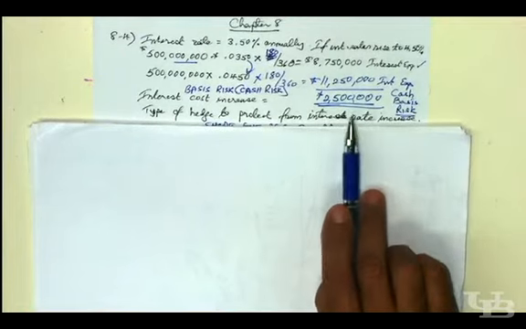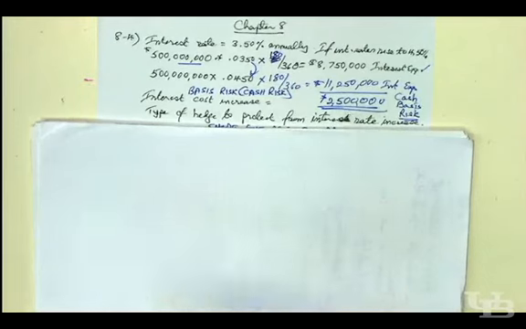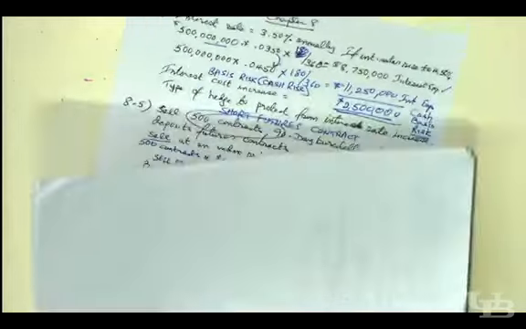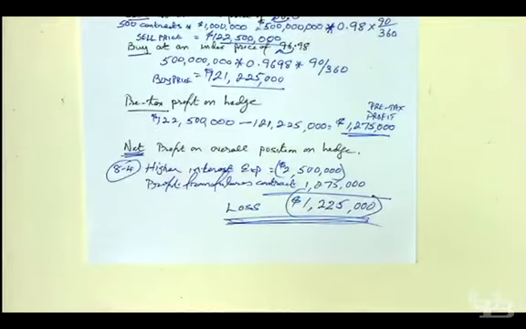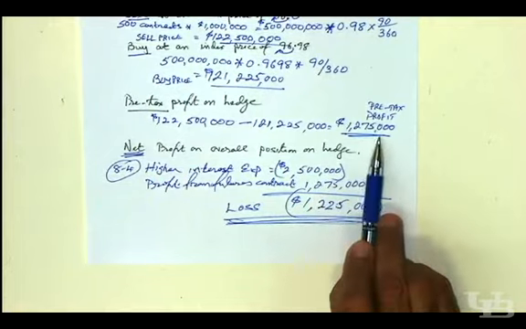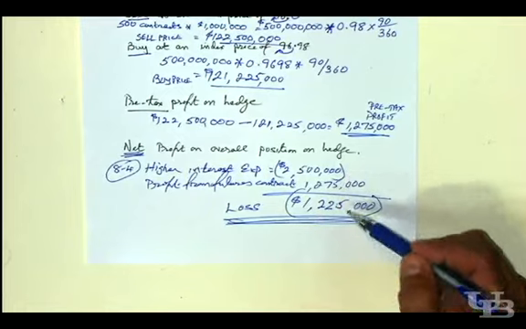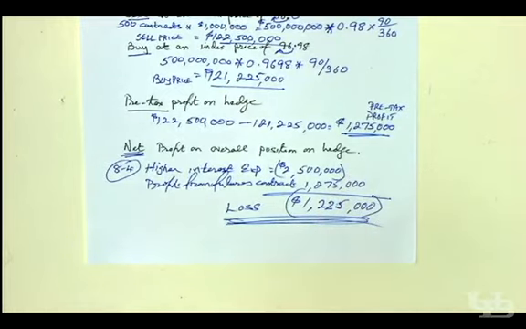The institution would have lost $2.5 million in higher interest expense if they did not hedge. By hedging, they were able to recover $1,275,000 from the hedge, and therefore their loss is reduced from $2.5 million to $1.225 million.